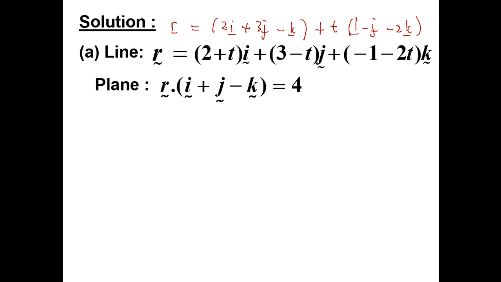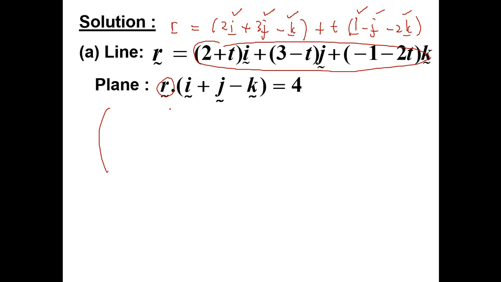From the given line, r equals i plus 3j minus k plus t times (i minus j minus 2k). Collecting like terms: component i is 2 plus t, component j is 3 minus t, component k is negative 1 minus 2t.